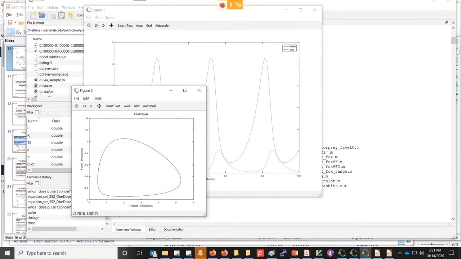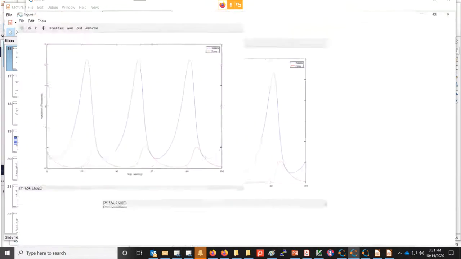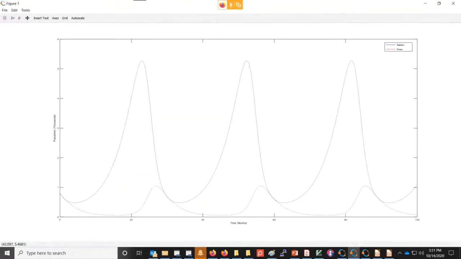Okay, so this right here is the plot that I asked you to do for the rabbit and fox problem. And what we're looking at here is the population of rabbits and foxes versus time, right?